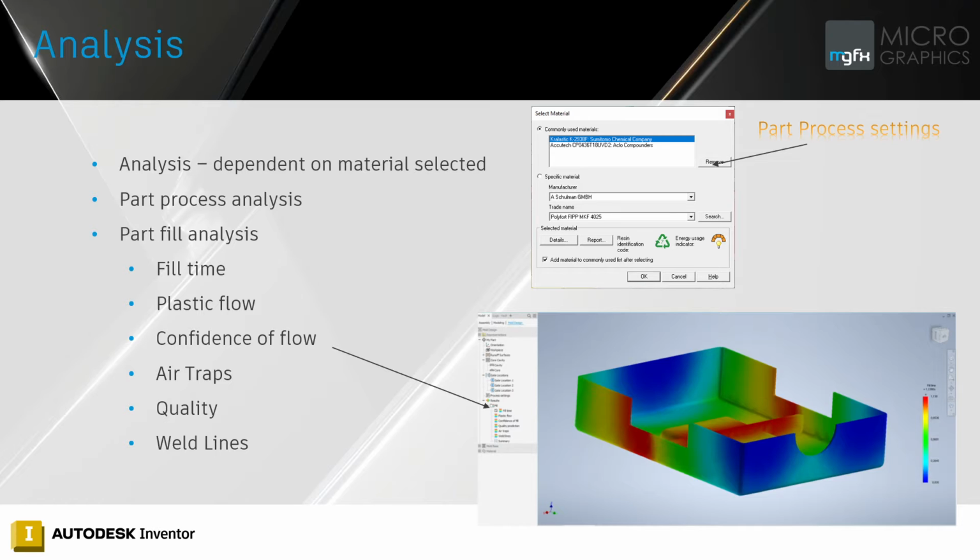That will show you the parts where the longest fill time is needed based on where you've placed your injector pins. So you have fill time, plastic flow, confidence of flow, air traps, quality, and weld lines.